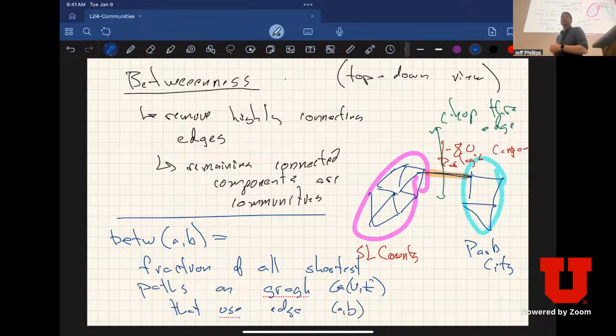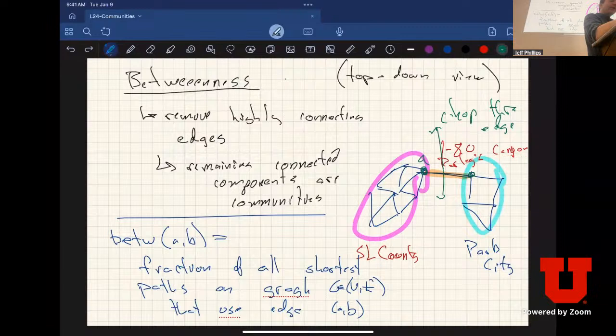Okay, so the fraction of all the shortest paths that use this edge AB here. So I can think of this as node A, and this is node B, right? So if I want to take a shortest path that runs from this node to this node here, it basically has to go through this one edge.